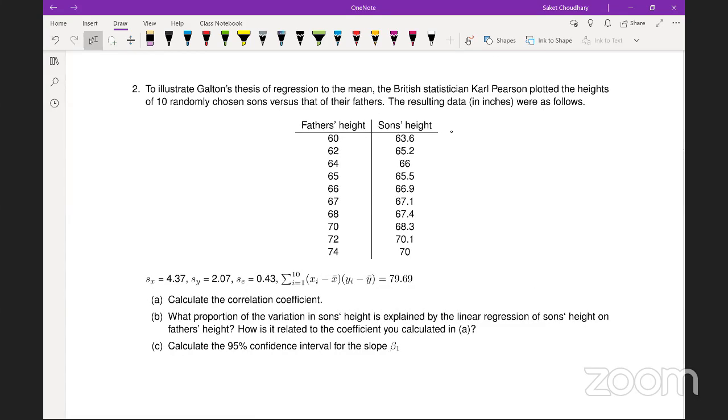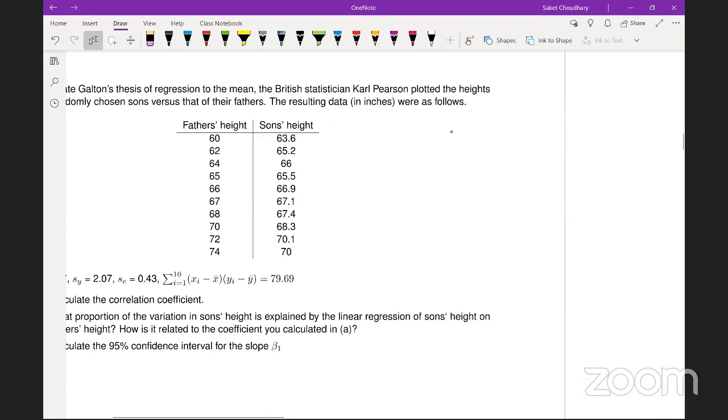In the second problem, you're essentially testing the thesis of regression, which is a very simple idea. So you are given two quantities. Both of these appear to be continuous. So father's height, again, I'm plotting this on the x-axis because that's the independent variable.